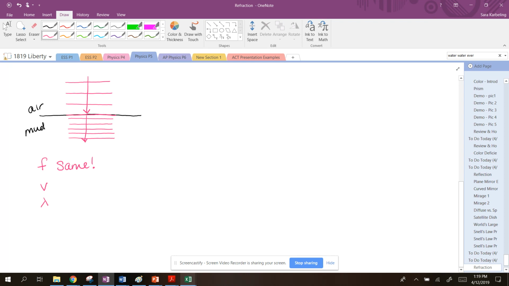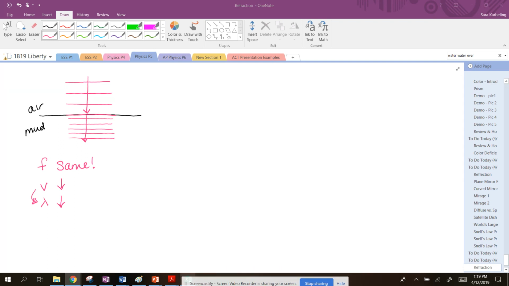Always, always, always. What happened to our speed? We're going to slow down, right? The velocity is going to go down. And that is as a result of our wavelength going which way? Down. Yeah. Smaller step sizes, smaller wavelength. Life is good?